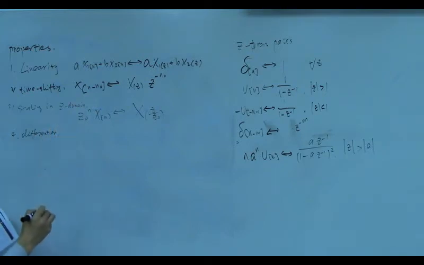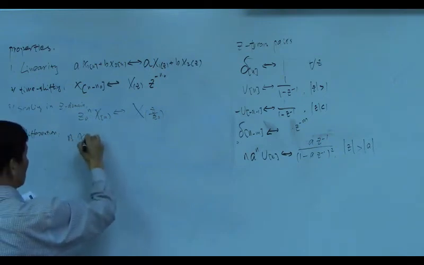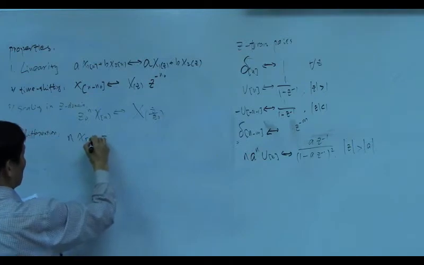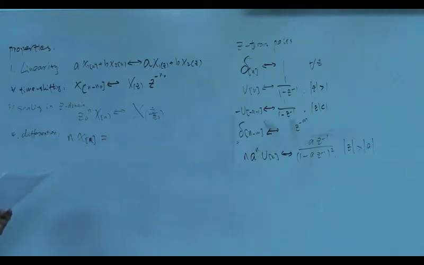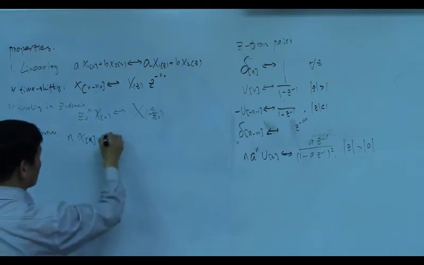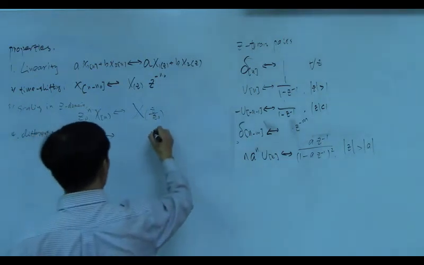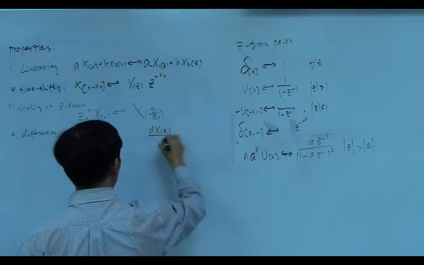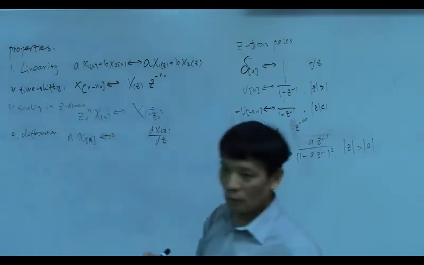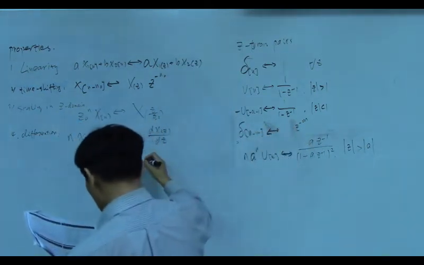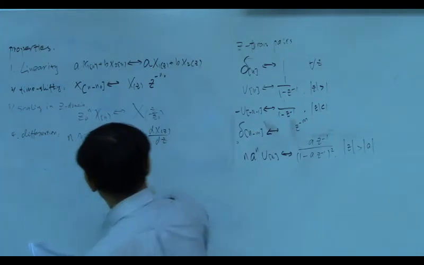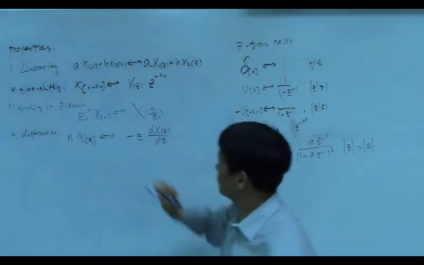Next is differentiation. n times x[n], multiplying the sequence with n, with the time, gives us differentiation in the Z transform. So it will be dX(z)/dz, and we need to multiply by z, and then there's a negative sign before that.